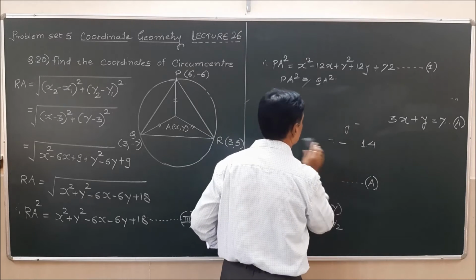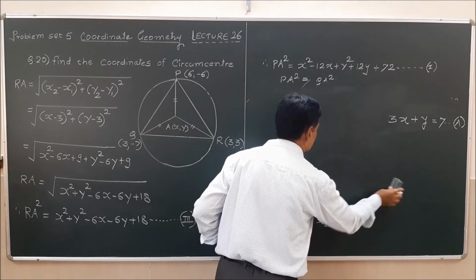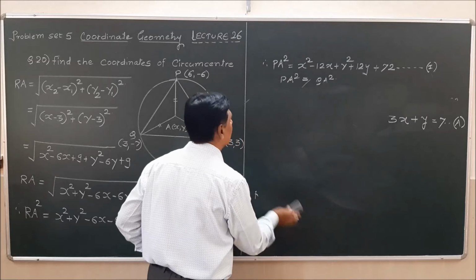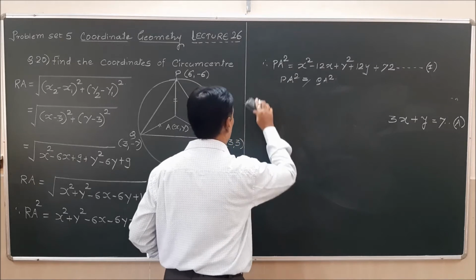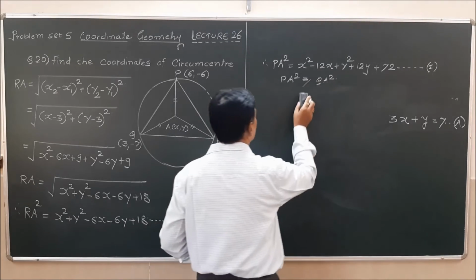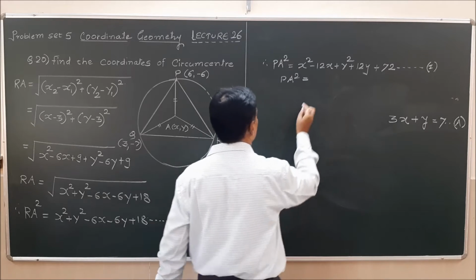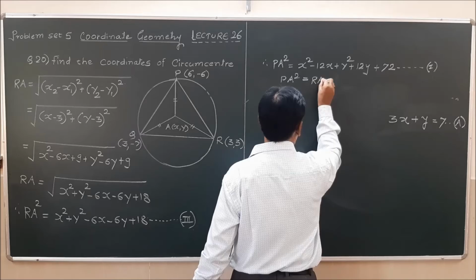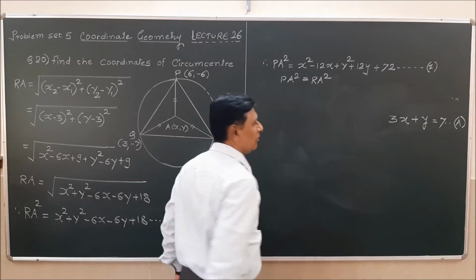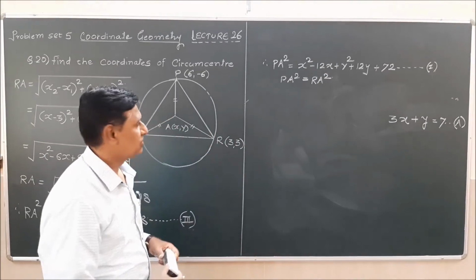Anyway, 3x plus y is equal to 7. That was our result number 1, A. So Pa square is equal to Ra square.